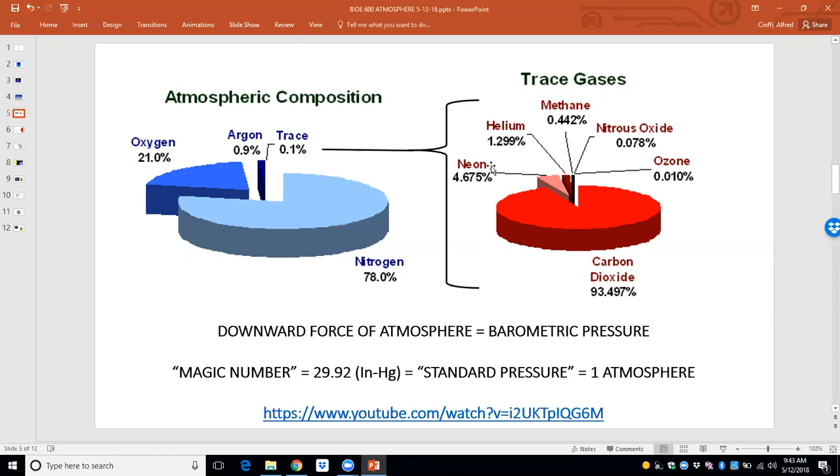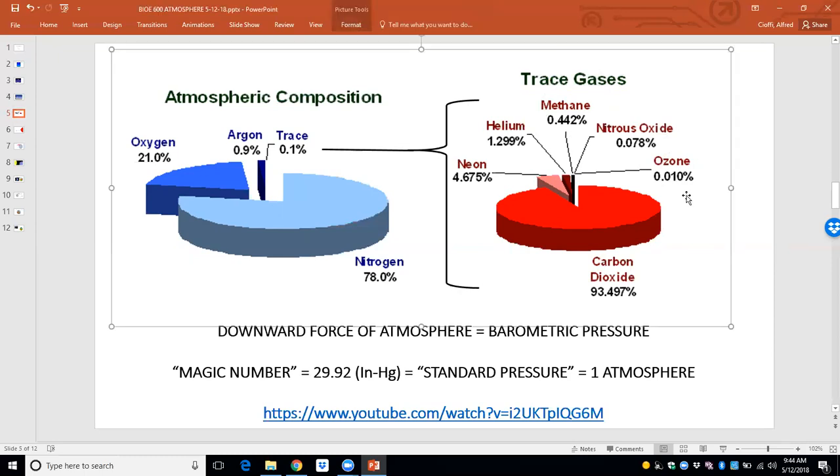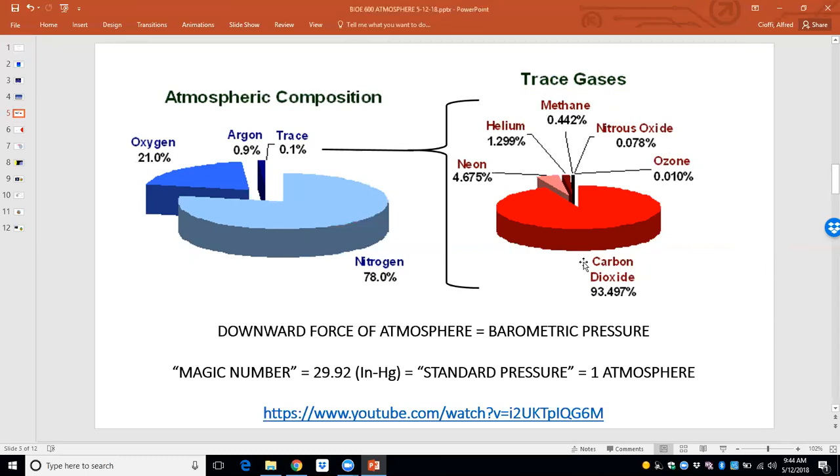Gases. Neon, which makes, right, neon gas makes those lamps. Helium, light, makes the balloons rise, very, very light. Methane, which is combustible. And it's also a byproduct of digestion, as we well know. NO, nitrous oxide. Ozone, the O3. But it is mostly carbon dioxide, CO2.